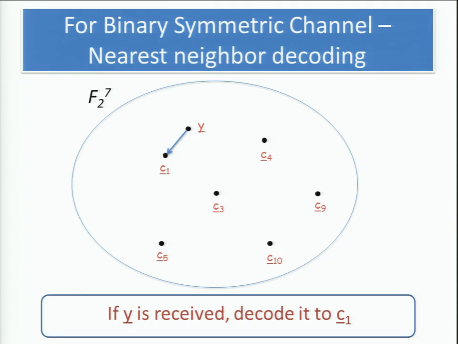You place your y in the space, and decode it to the code word which y is nearest to. And this can be shown to be equivalent to maximum likelihood decoding. So this is nearest neighbor decoding, and there are several efficient algorithms to do it, but basically this is the principle.